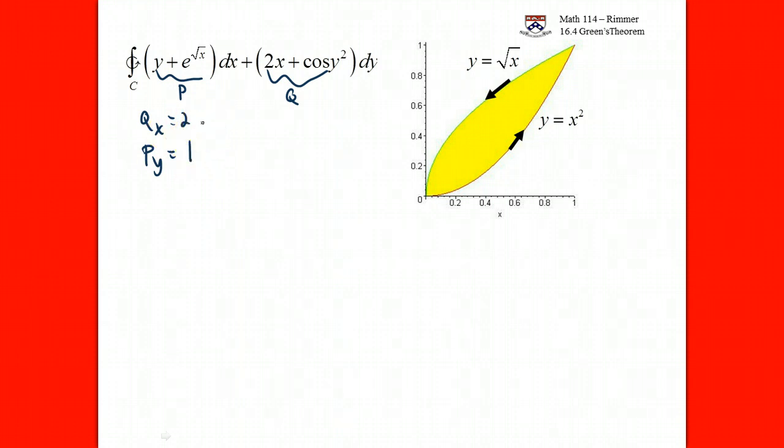Okay, and you subtract them. You get 1. When you get a constant, that's really nice. Especially when the constant is 1. That's just great. Trade this in for a double integral over the interior, where Qx minus Py is 1.